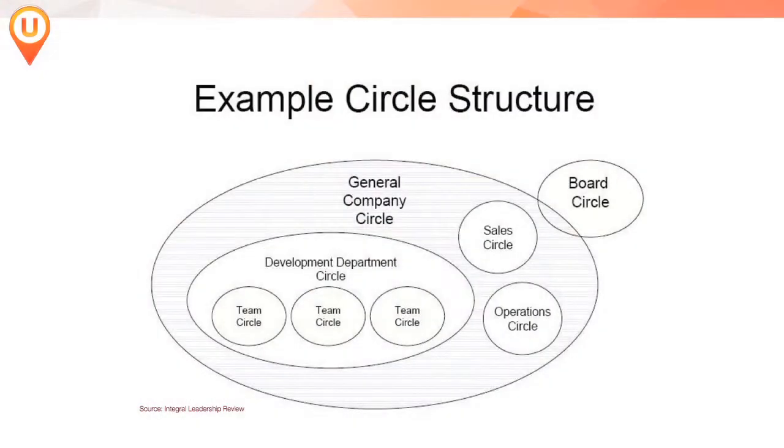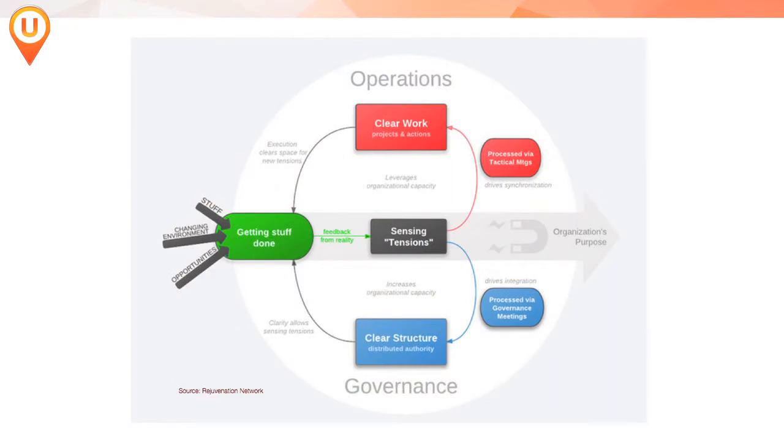So the general company circle, in this example, would be primarily about making the strategic and bigger decisions for the company as a whole, leading the company as a whole. Now, in the organization I was running, we started with one circle. It was a good idea to start with one and then see what natural groupings emerge.